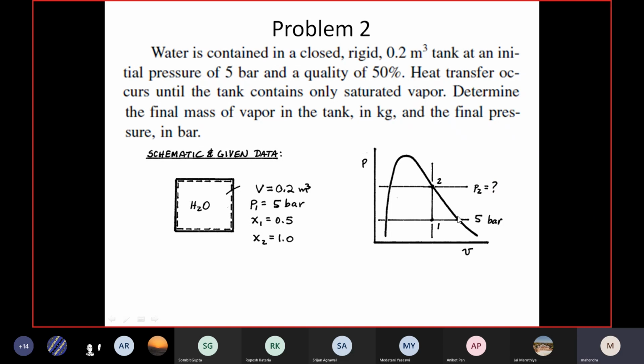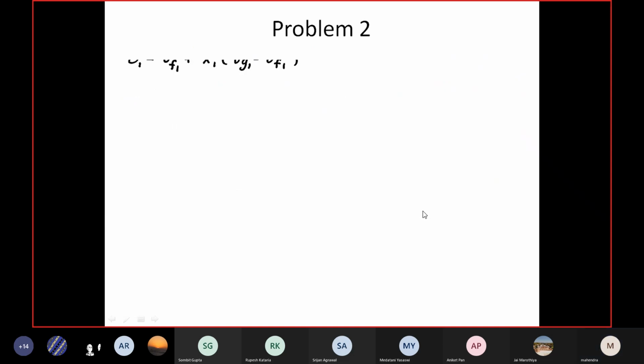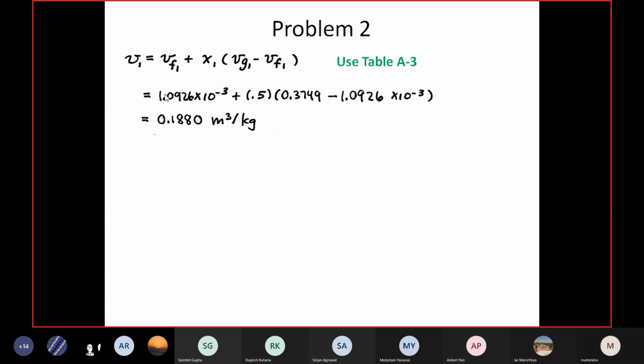These two are available from your data book, and this value is 0.5, given in the problem.